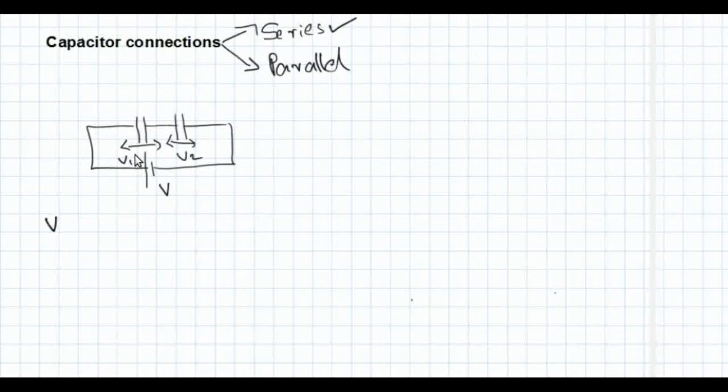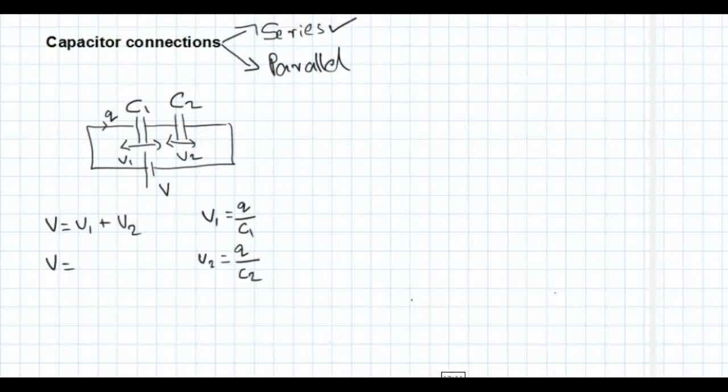So V1 is the potential across the first capacitor, say C1, and V2 is the potential across the second capacitor, say C2. So V is equal to V1 plus V2. But what is V? V is equal to Q by C, right? V is equal to Q by C.